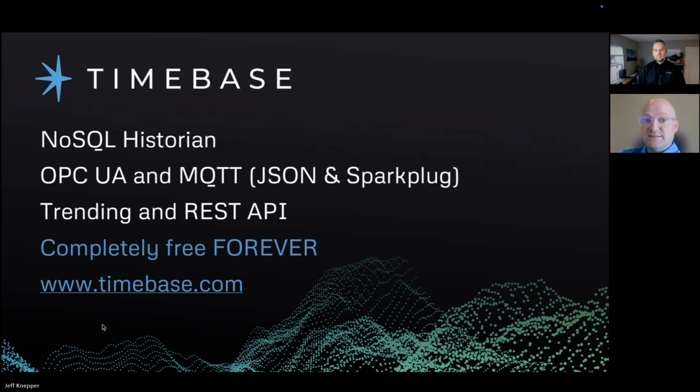And you can get the data out via a trending tool. It's got a complementary trending tool with it, as well as a rich feature set of APIs to manage, to get the data out, and to utilize it in other applications as well. It's called Timebase. You can go and have a look at timebase.com. And yes, it is free.